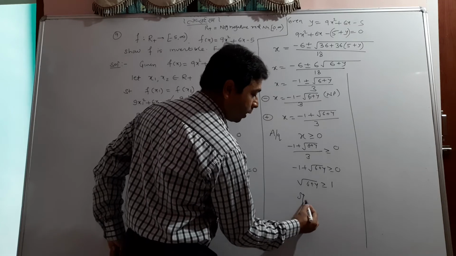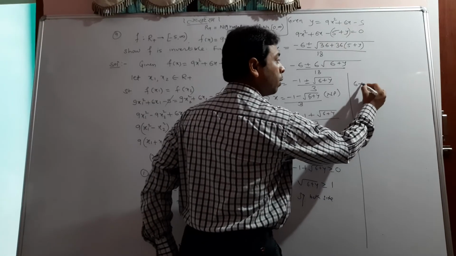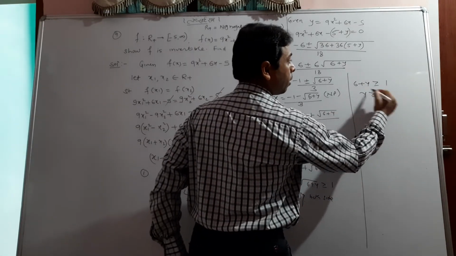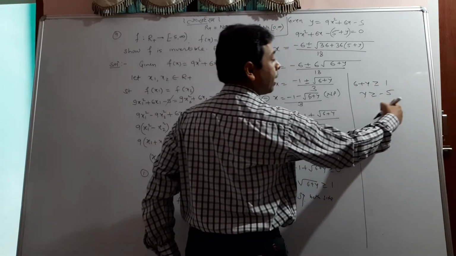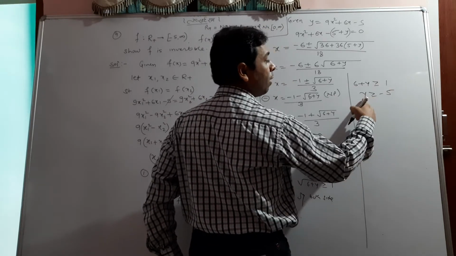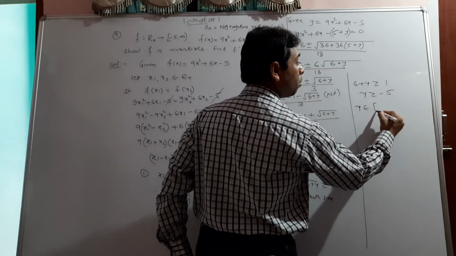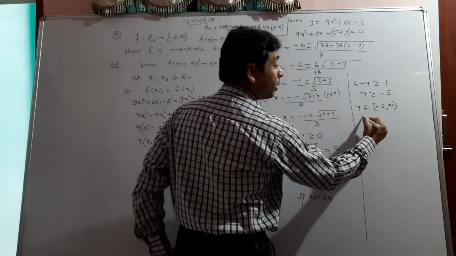Now I'll make squaring both sides. It is 6 plus y greater than or equal to 1. Then after that, I'll transfer 6, it is minus 5. And what do you think about that term? That term is simply meaning y greater than or equal to minus 5, meaning y belongs to minus 5 to infinity. And it is y so that it is range.